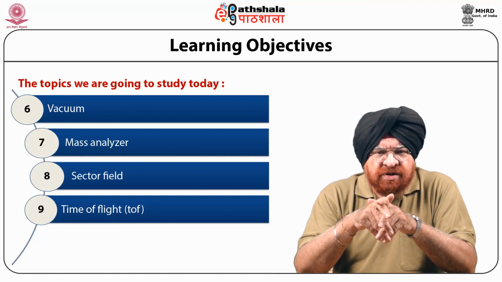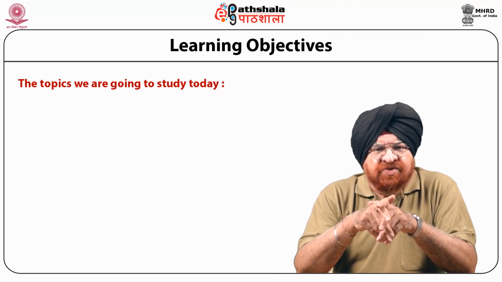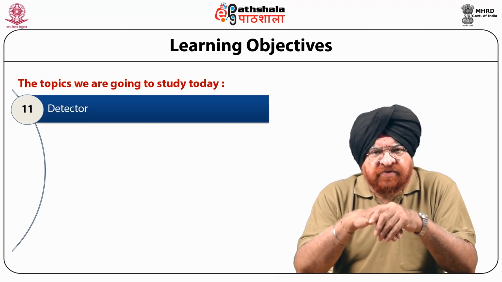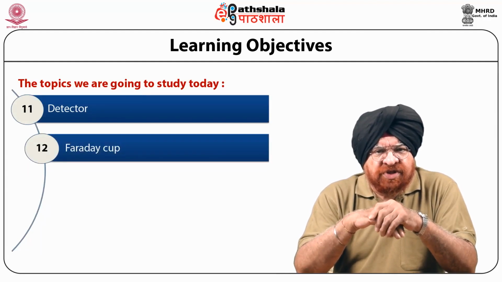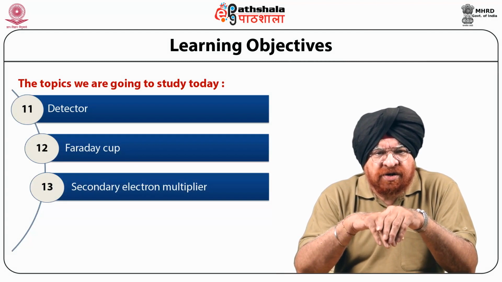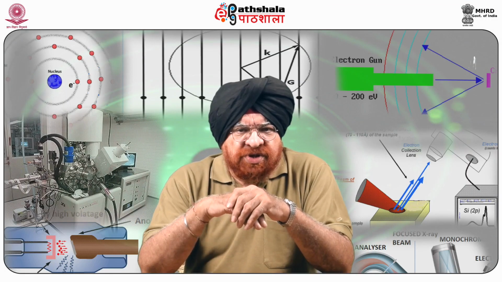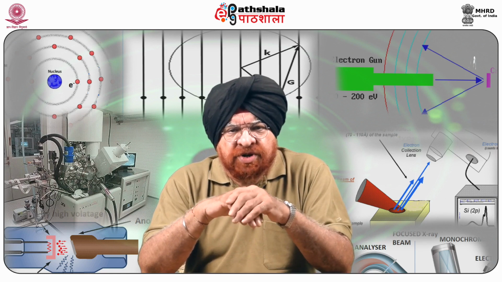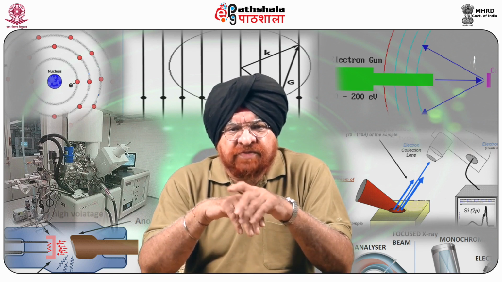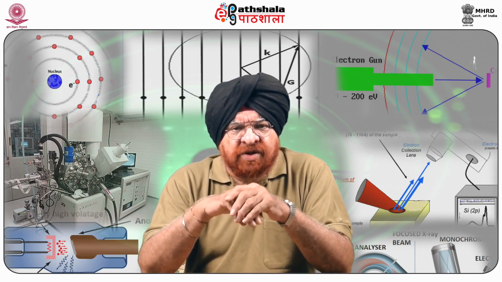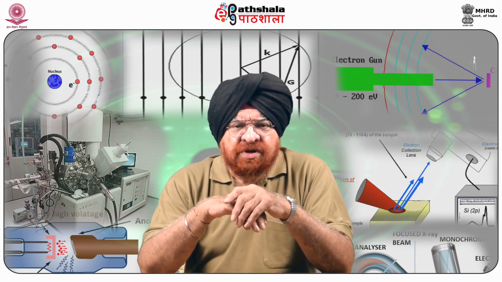Next to that, we shall come to quadrupole, then we shall have detector, followed by Faraday cup, then secondary electron multiplier, and finally microchannel plate detector. These are the parts in instrumentation which we shall be discussing, which are the main components of the spectrometer.